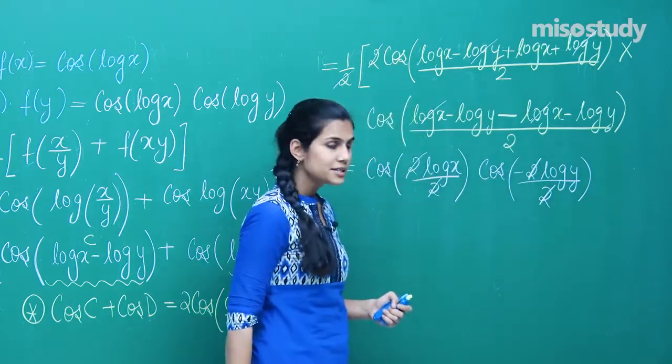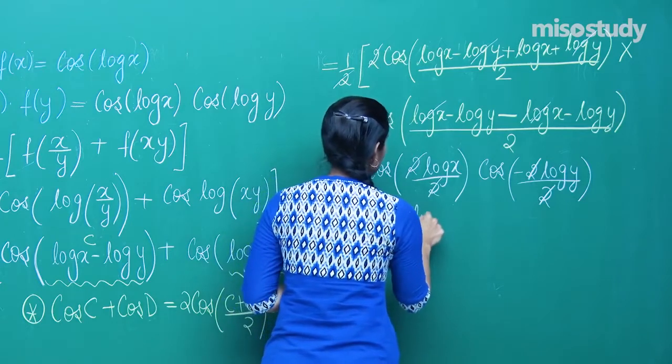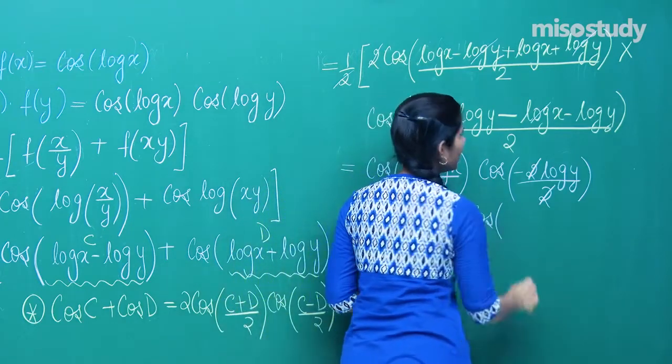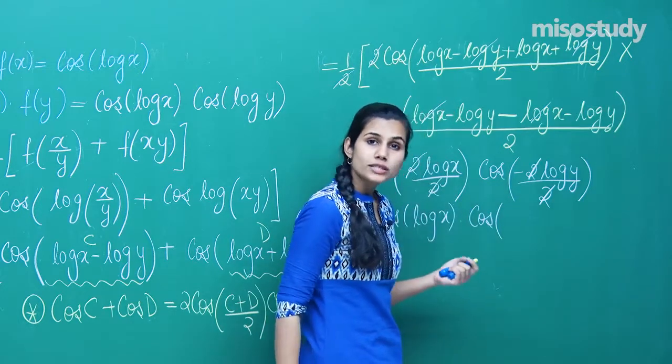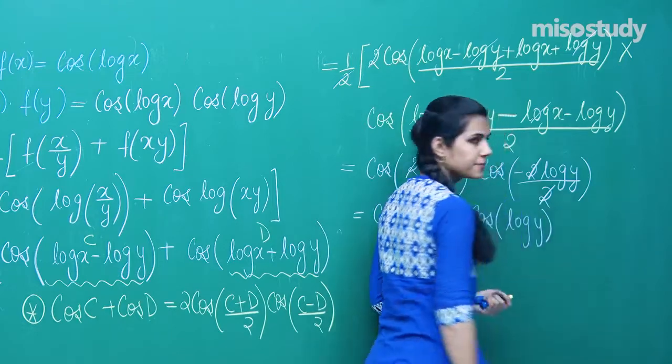This gets cancelled. You are left with cos of log x into cos of minus theta, which is cos theta, which is cos of log y.